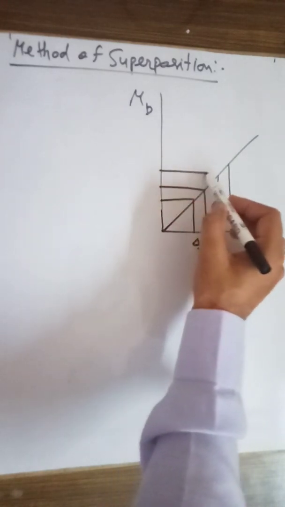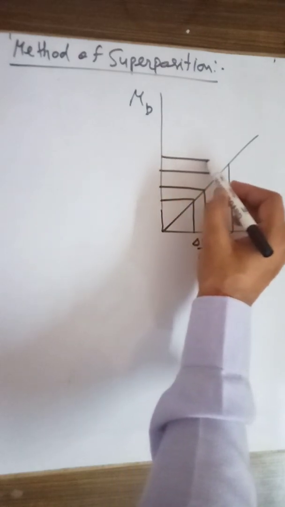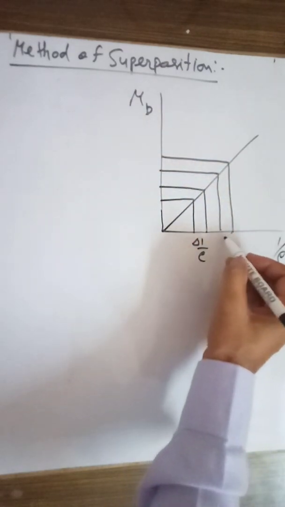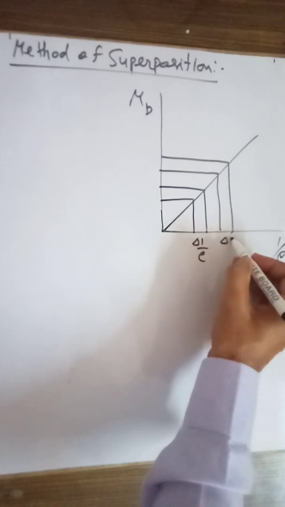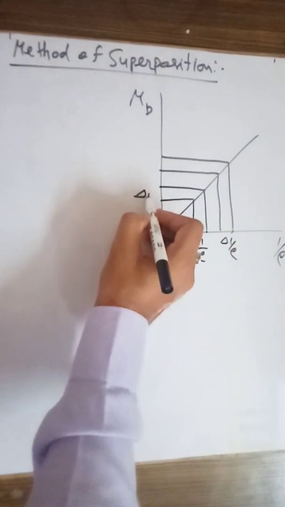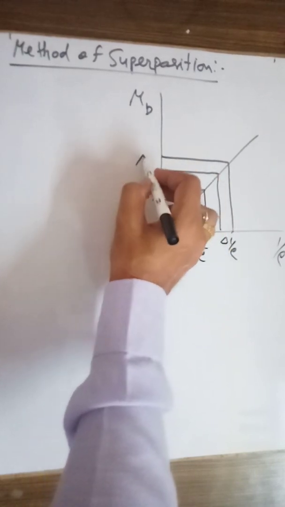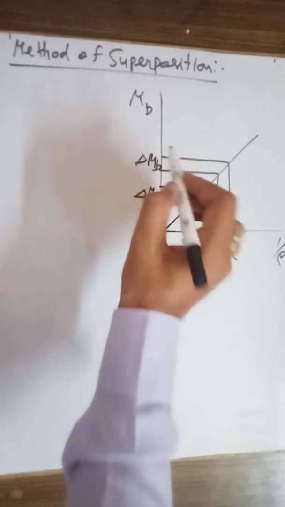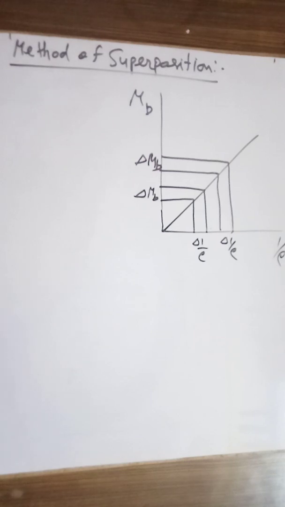At some equal distances, we can say here it is again the same 1 by rho, and if this is our delta M_B, similarly here this is our delta M_B. So let the total bending moment be the sum of a number of contributions due to the separate loadings.